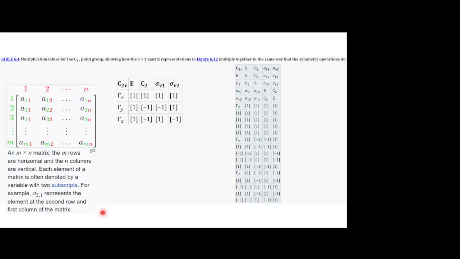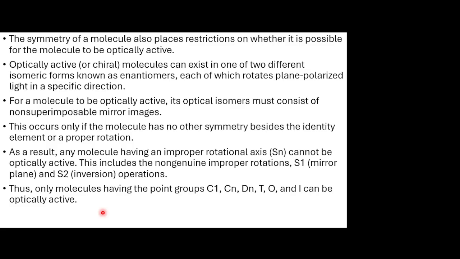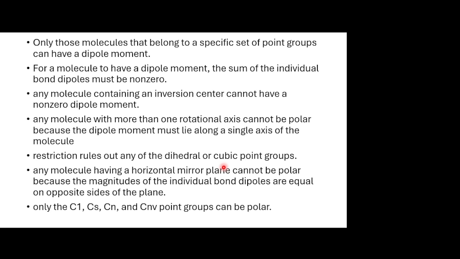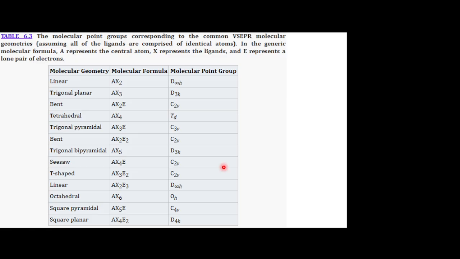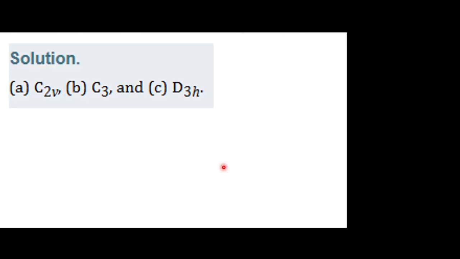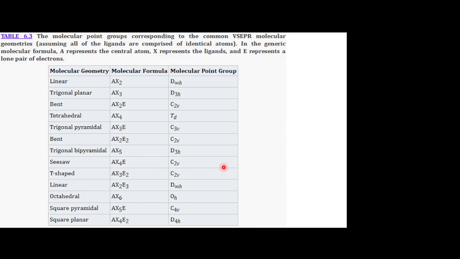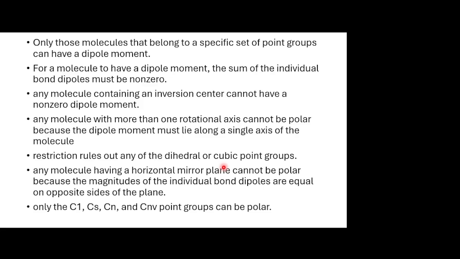I believe we ended here last time, right? So CS, what does that mean again? Like C1 and the CV, like CV vertical plane. So do you have your table, your flow chart in front of you? Okay. So CS is mirror plane? No symmetry.